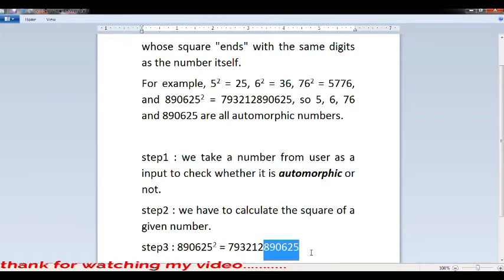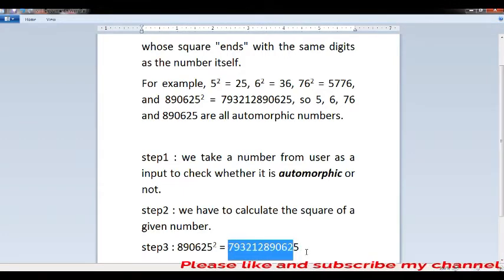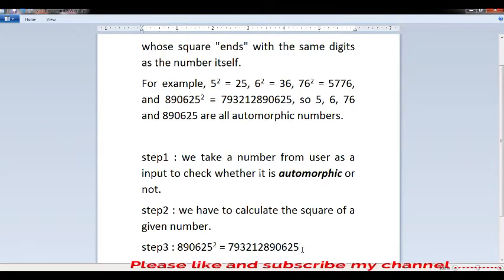But the question arises, how to separate these digits from the whole number? Because if we divide the number by 10, we get the quotient, or we can use the remainder operator.